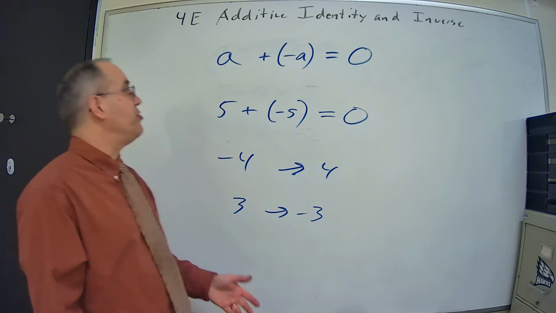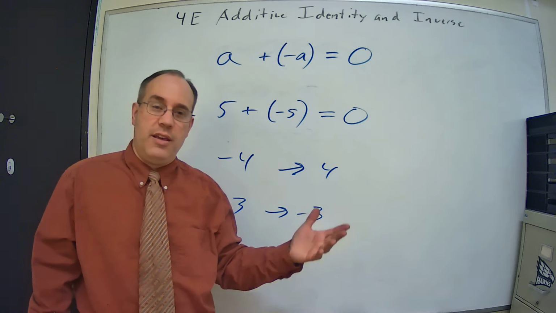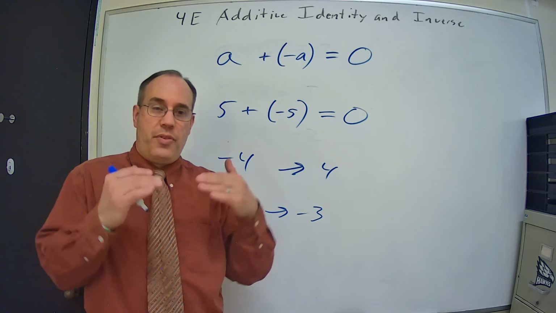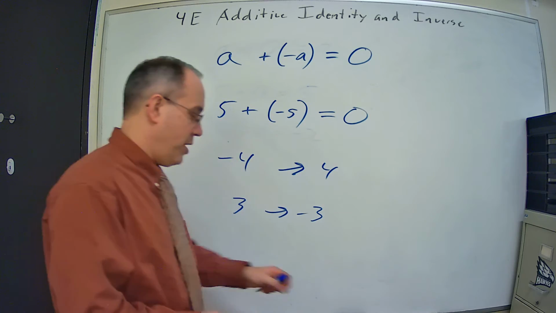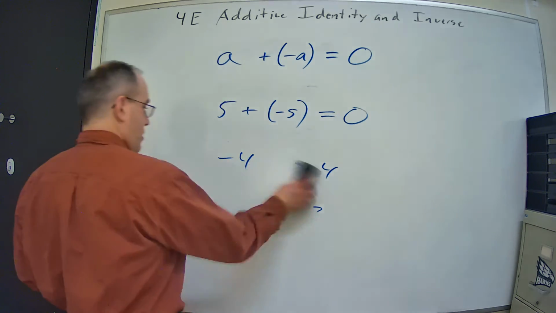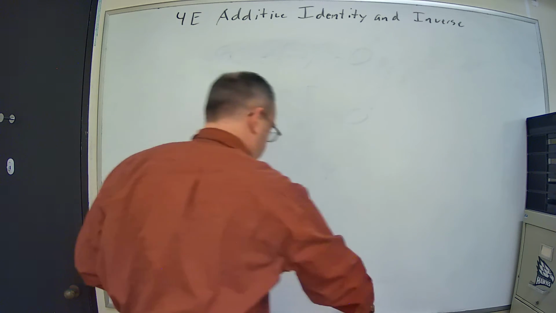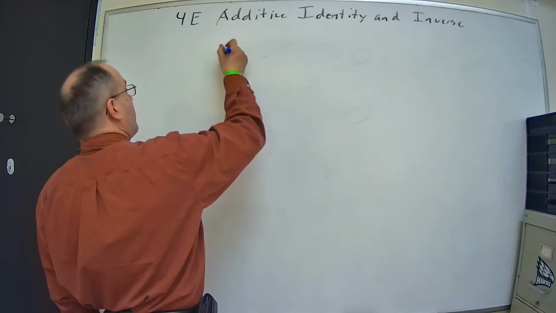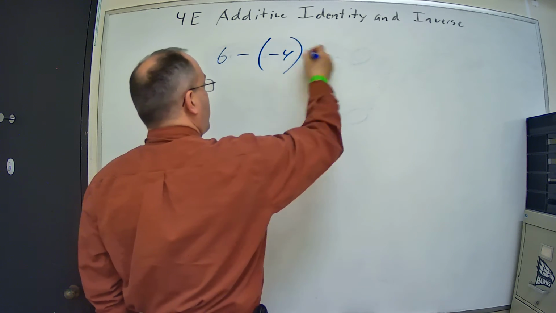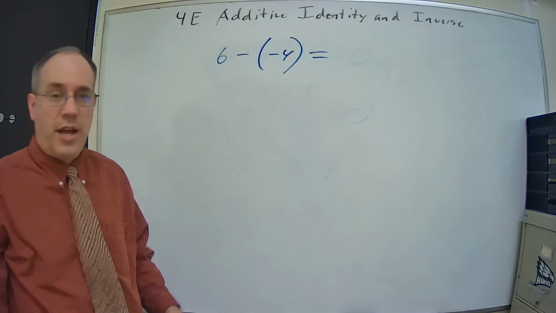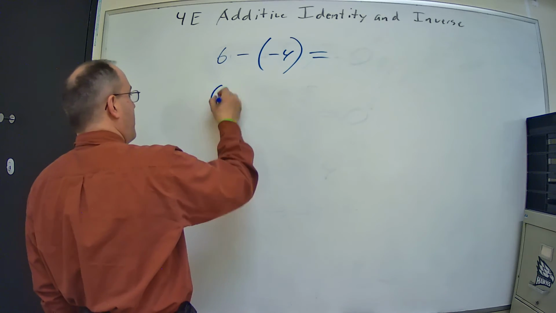So we've already been using additive inverses. We did that when we changed from subtraction to addition for signed numbers. If we had a subtraction problem, 6 minus -4, what do we do? We keep the first number the same, 6.